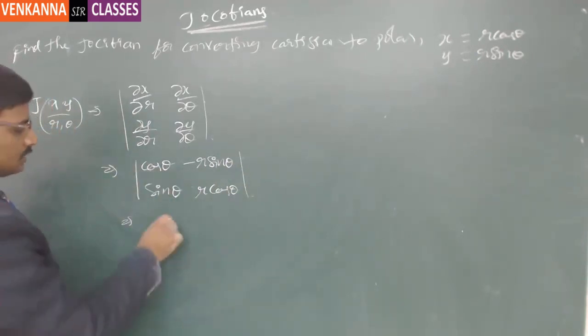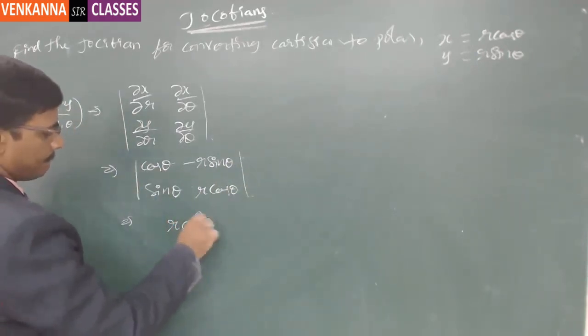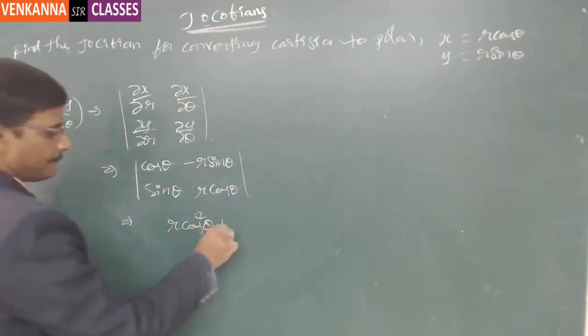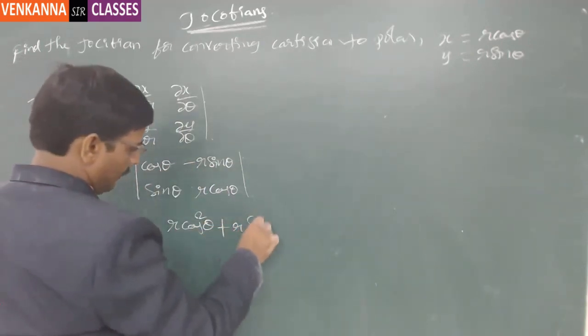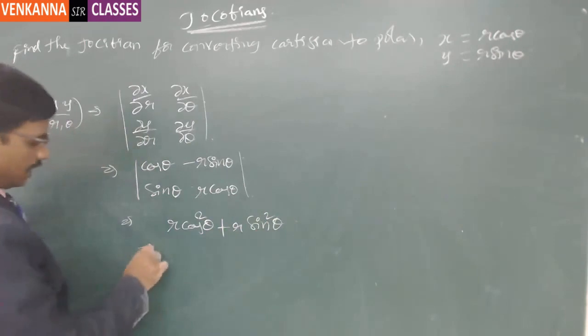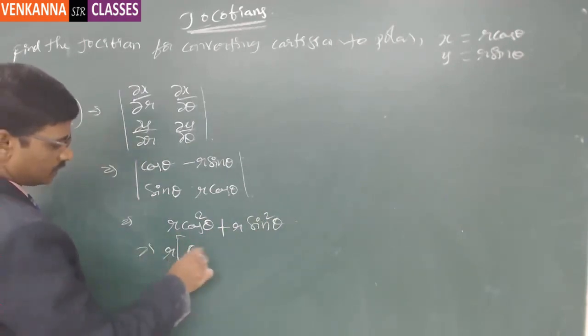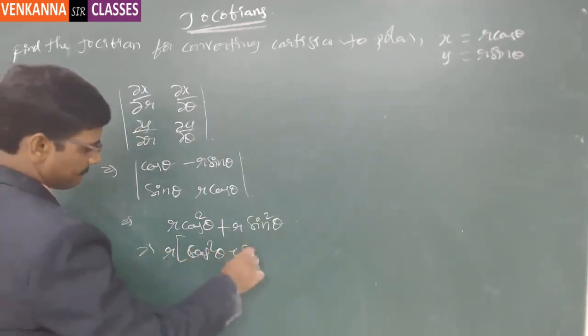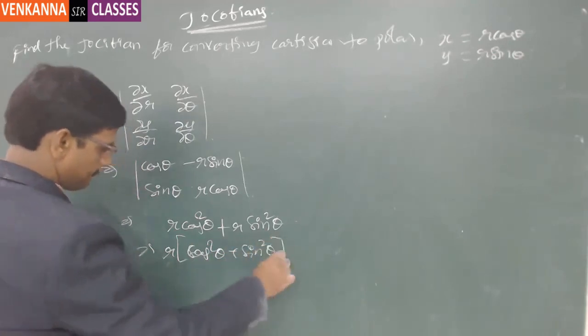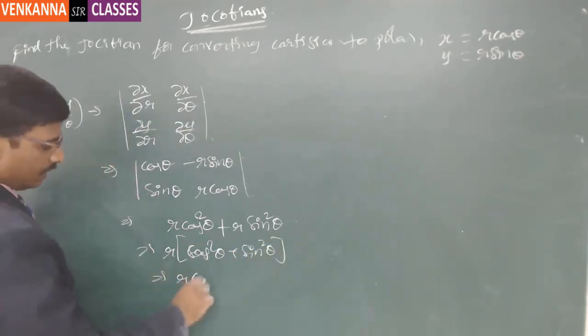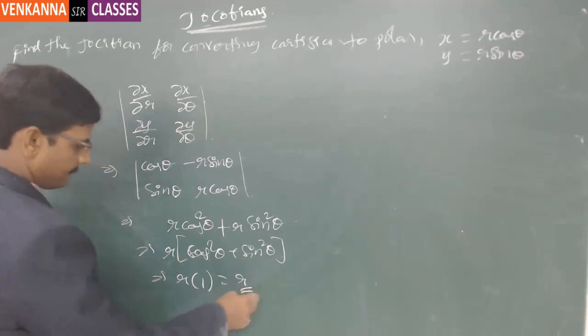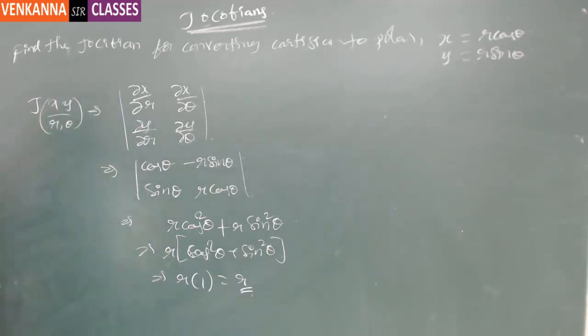So we get r cos square theta minus of minus, plus r sin square theta. This is r times cos square theta plus sin square theta, which is r into 1, equal to r. This is how you find the Jacobian. Got it?